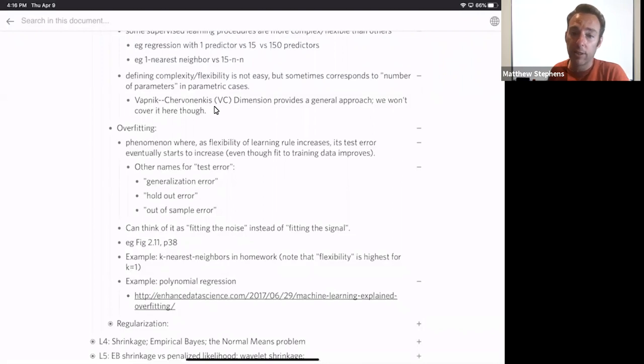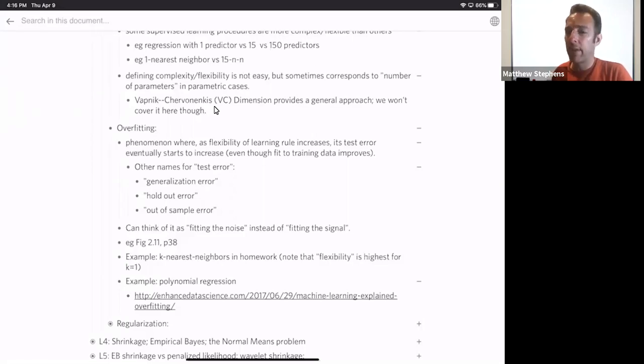Test error is sometimes called generalization error or holdout error. Holdout refers to data that you've held out and not given to the learner. It's also called out of sample error. These test errors eventually start to increase, even though as you fit a more and more complex model, the fit to the training data typically improves.